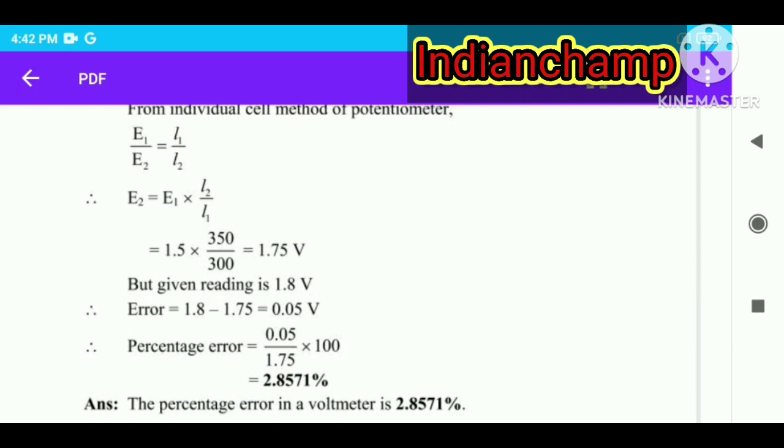But the given reading is 1.8 volt, therefore error is 1.8 minus 1.575 is equal to 0.225 volt. Therefore, percentage error is equal to 0.225 divided by 1.575 into 100 is equal to 14.2857%. Answer. The percentage error in the voltmeter is 14.2857%. Here our short answer second set is completed.